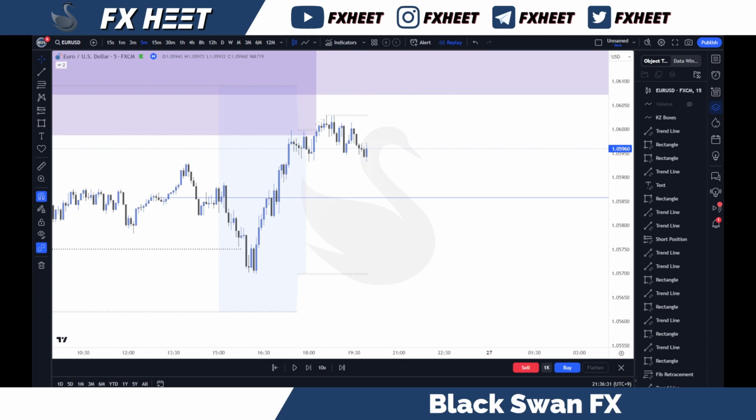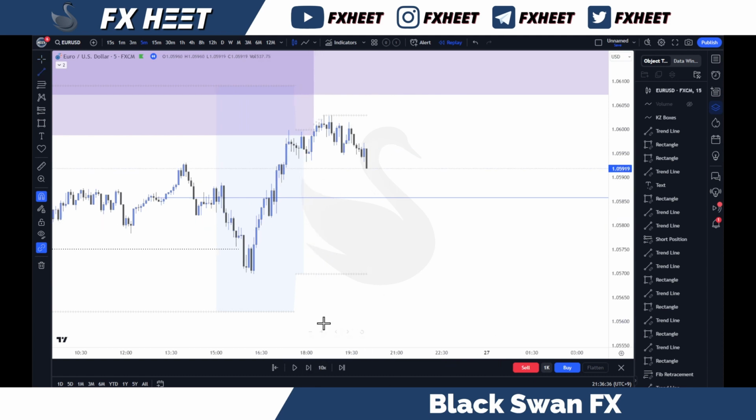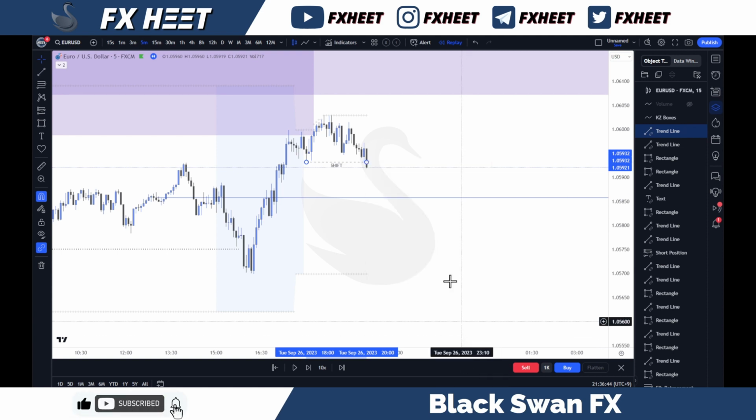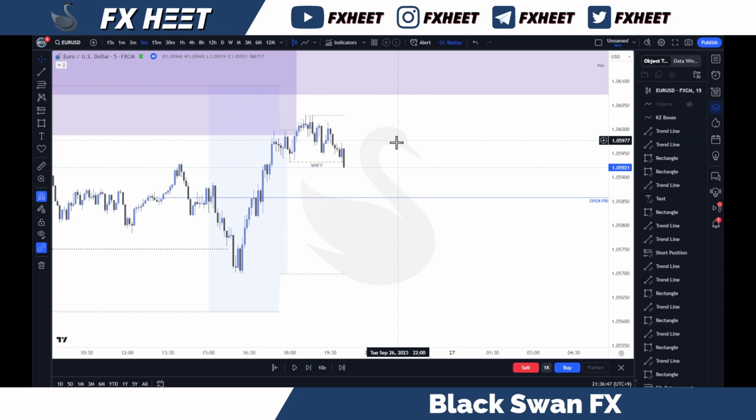Looks like a shift. No, equal lows. Okay, that's a shift. So we have a shift to the downside. Do we see anything clean above? We have some equal highs here. So we could watch the reaction above there, but I want to see what happens on the next candle.